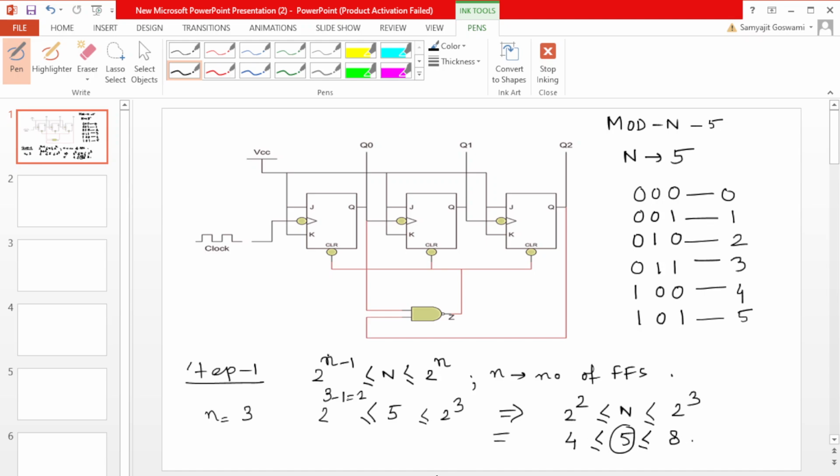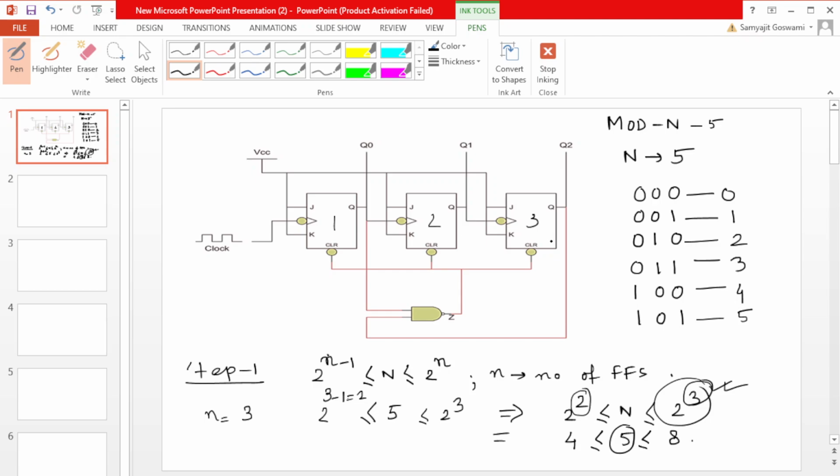This is what we have to design, a mod 5 counter. If I use only 2 flip-flops, then I can only count up to mod 4, so we cannot count mod 5. So we have to use 3 flip-flops.